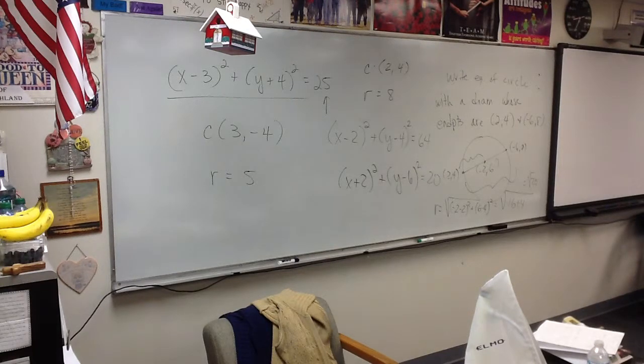Isosceles would mean 2 sides equal, right? So how would you do that? If all they gave you are these points, Gracie? Do the distance between all the points and make sure two of them match. Exactly. So you're going to do your distance formula here, your distance formula here, and your distance formula here, and you've got to have 2 of them match, right? Everybody good at that? Easy enough.